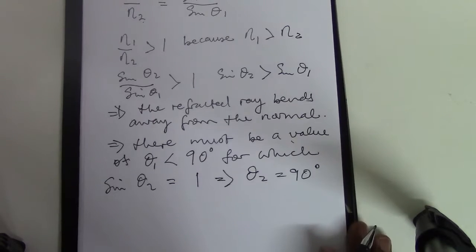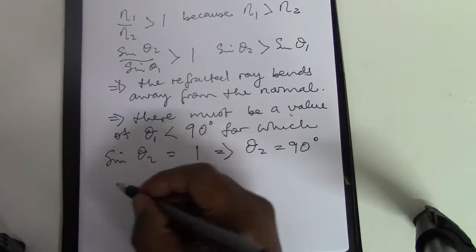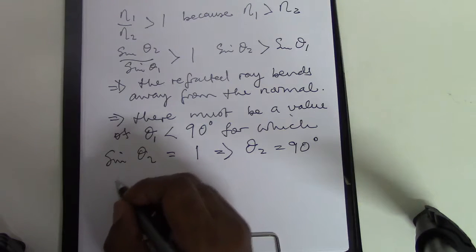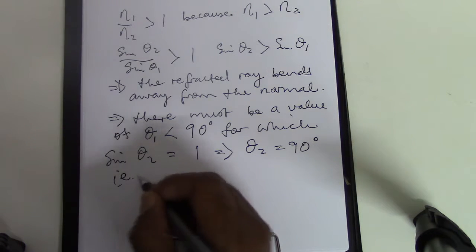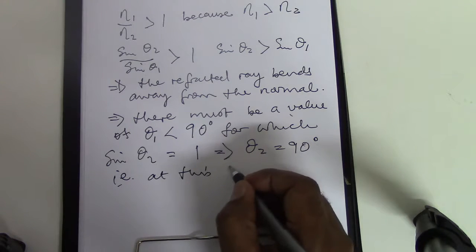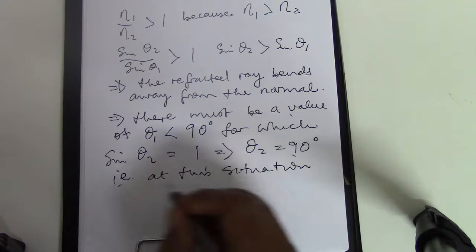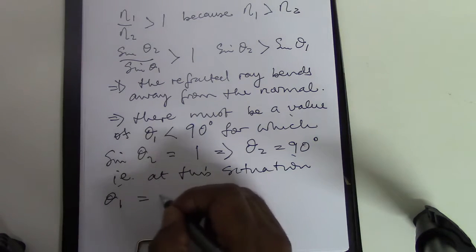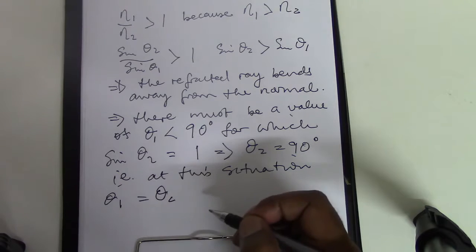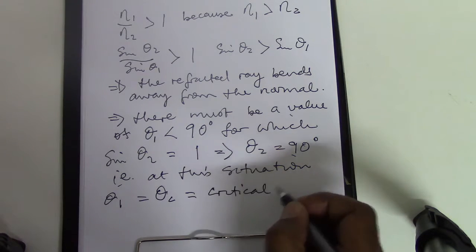So this angle, at this situation, we call it the critical angle. That is, at this situation, theta 1 is equal to theta c, which is the critical angle.